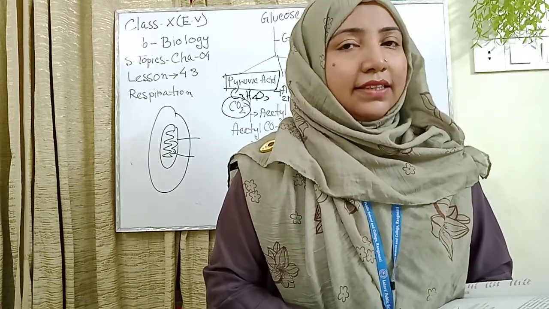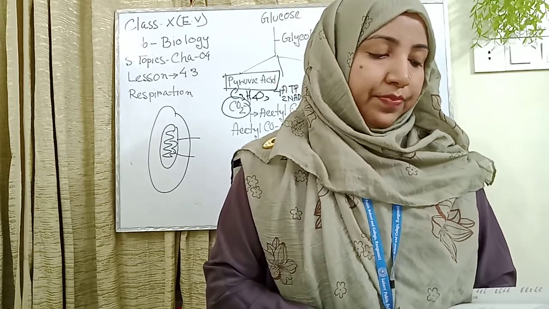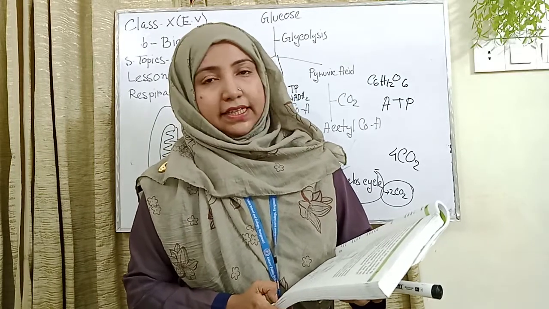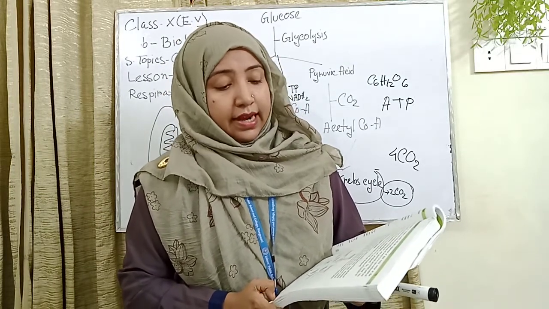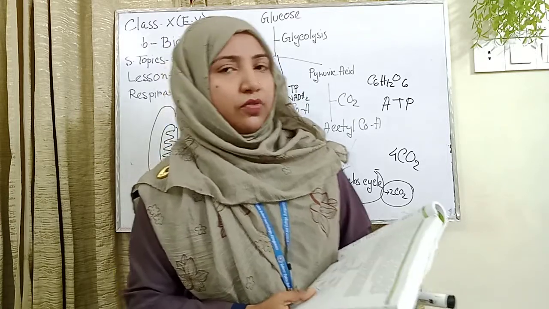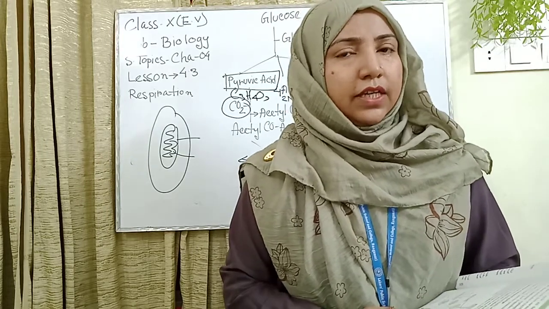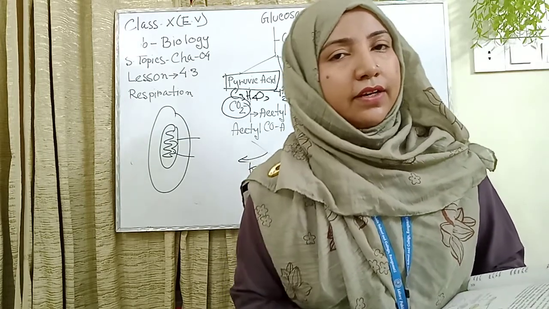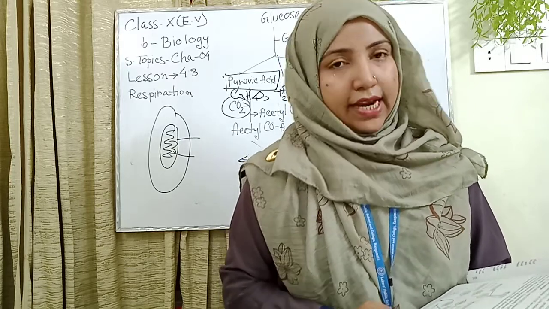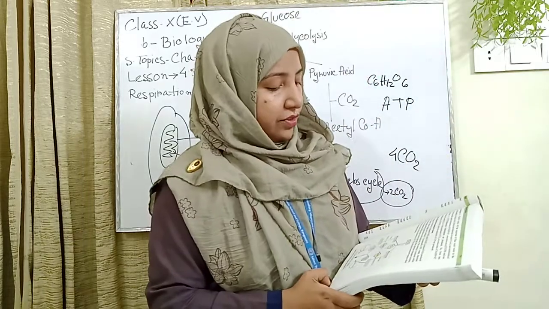Next and last is the electron transport system. In this stage, NADH plus H plus, which reduces NAD, and FADH2, which reduces FAD, are involved. NADH is nicotinamide adenine dinucleotide and FAD is flavin adenine dinucleotide, produced in the above 3 stages, and they are oxidized.